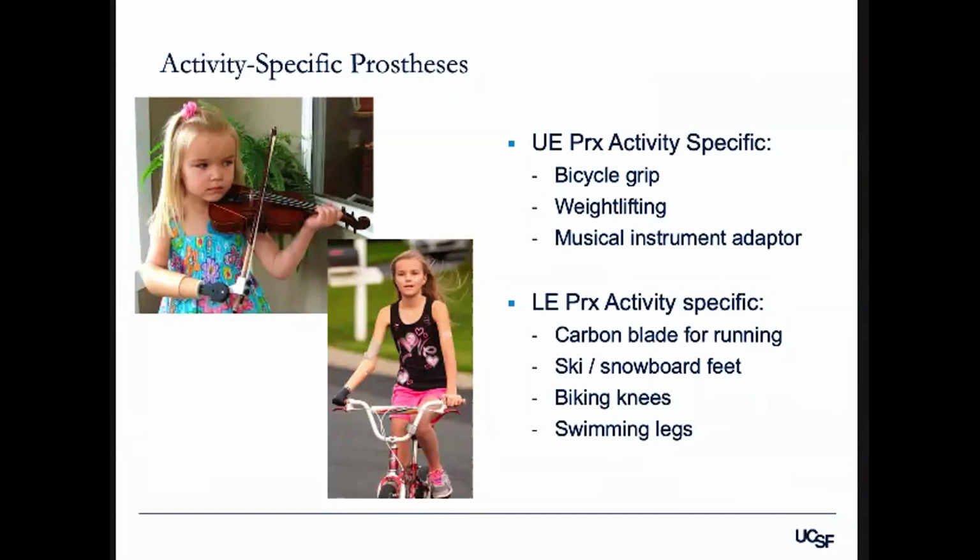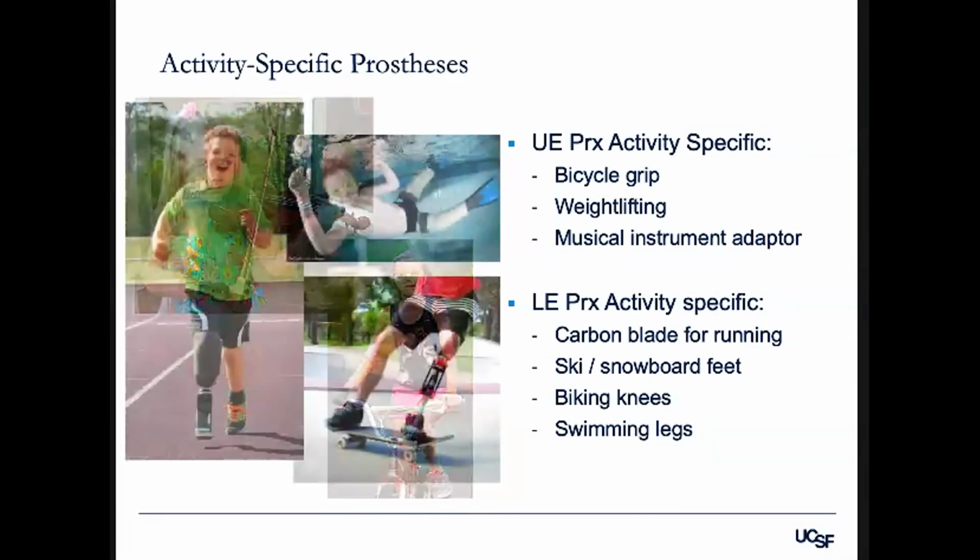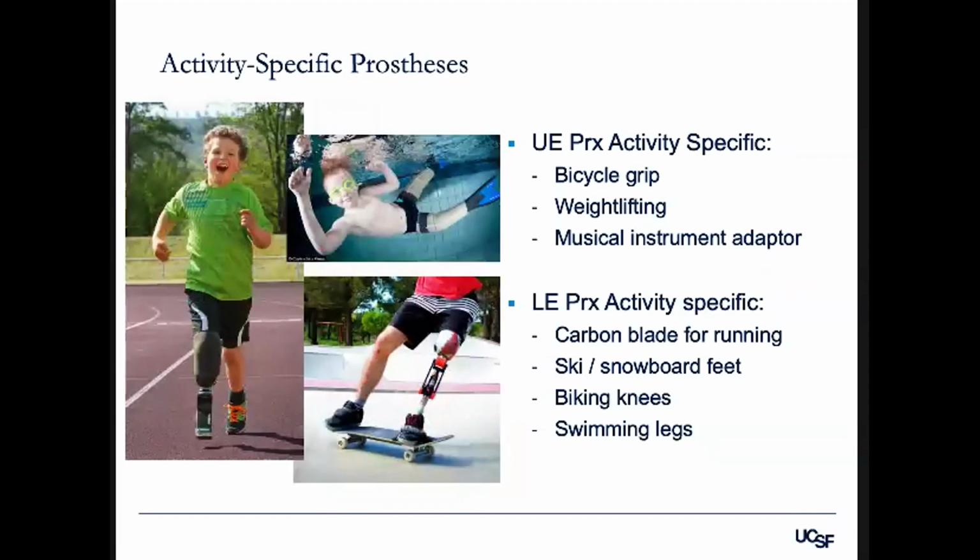You can see pictured here examples of upper extremity adaptive devices, which can include designs for playing a musical instrument and terminal devices designed for gripping bicycle handlebars. Examples of activity-specific components for lower extremity prostheses may include legs with carbon blades for running, swim legs, and specialized knees for skateboarding.